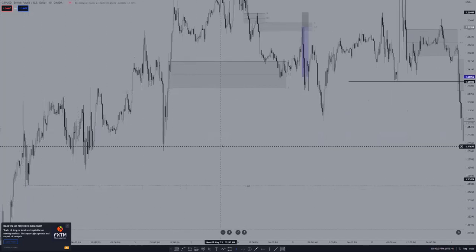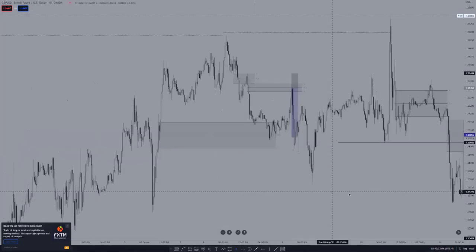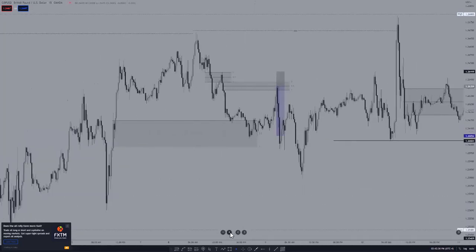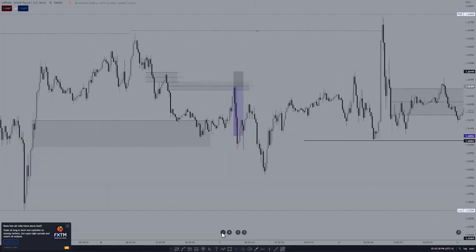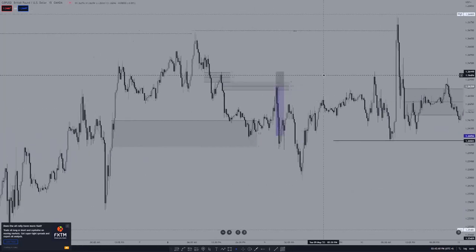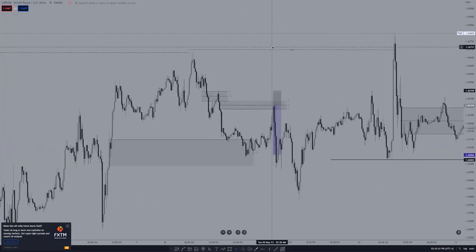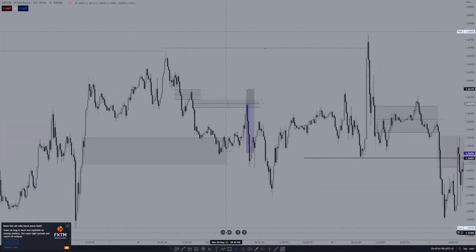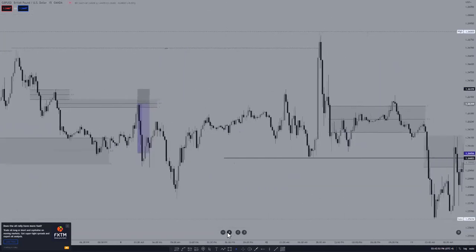So I was saying, okay, what's price trying to do? I think it was the CPI news or something like that. And it took out this high, and the market started selling from there. I had not in mind that the market had already taken out the high. So what's price trying to do here? So eventually I'd say, okay, price is going to sell down from here.